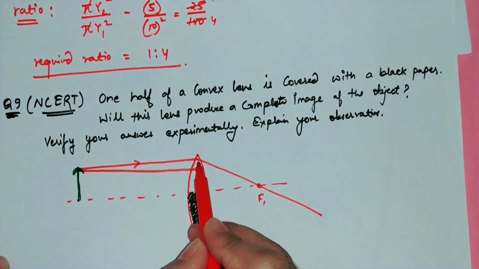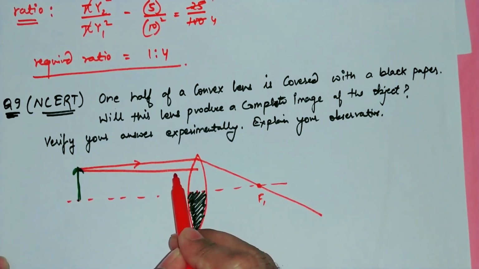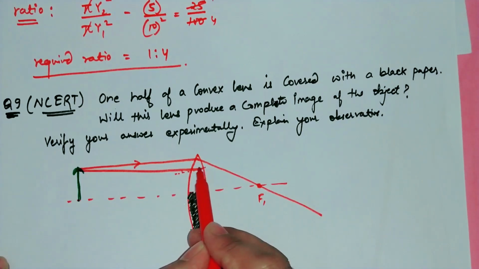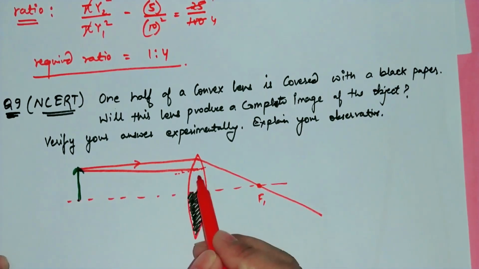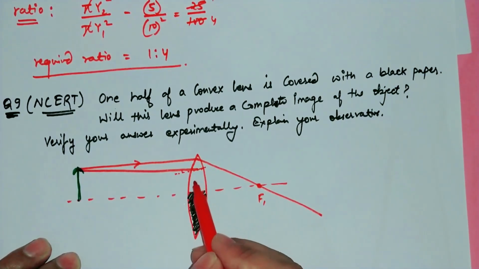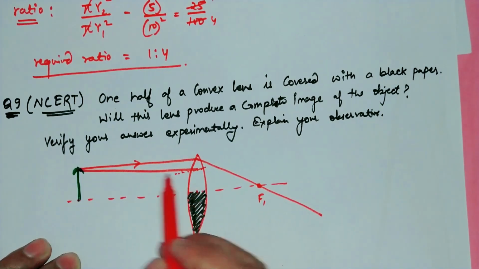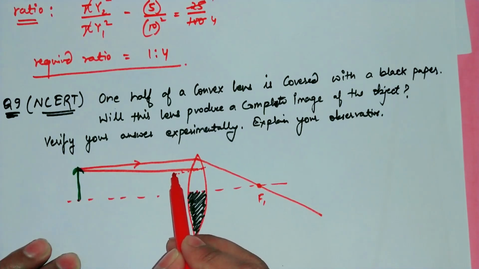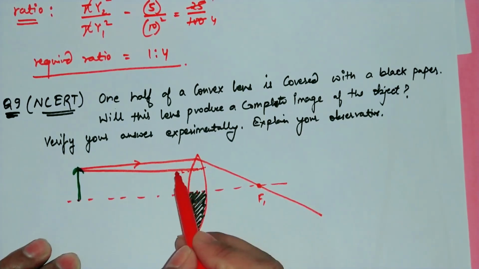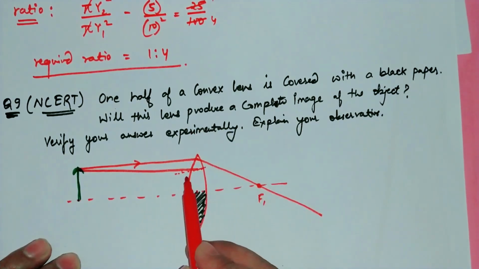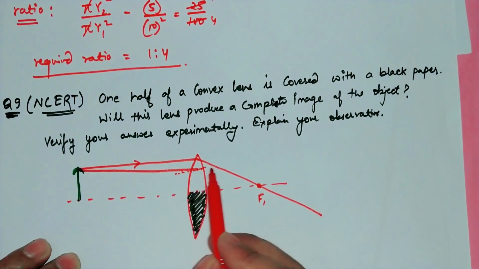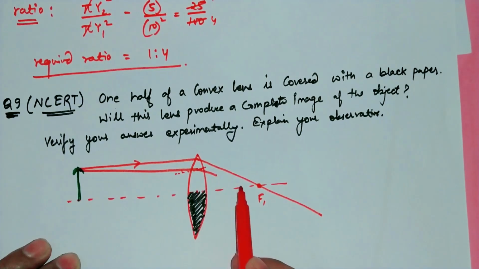From the laws of refraction, suppose this is the normal and this is the angle of incidence. So what will be the angle of refraction? This we can calculate if the refractive index of this material is given and we know at what angle our light is incident. We can do this experimentally, but as a theoretical part, we can also apply Snell's law, and we will find that at a certain angle it will diverge like this.